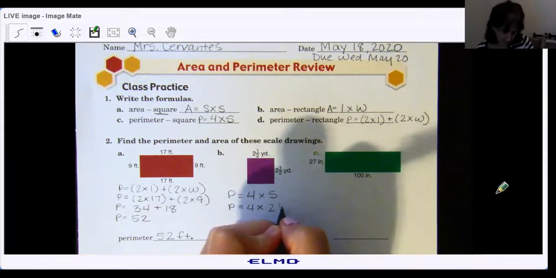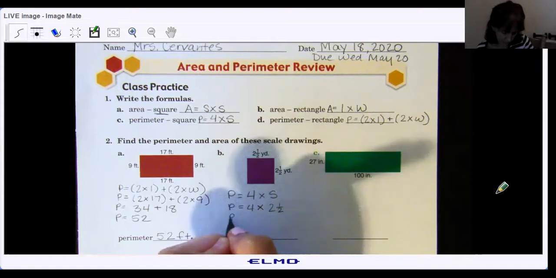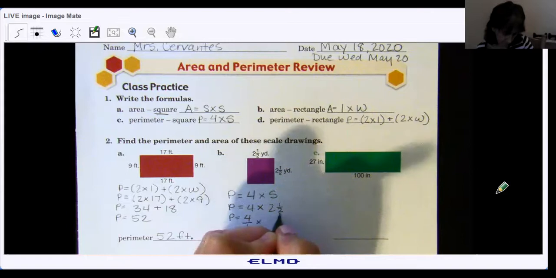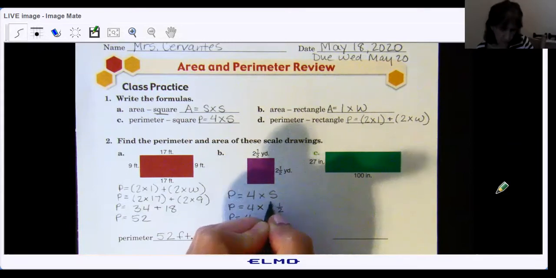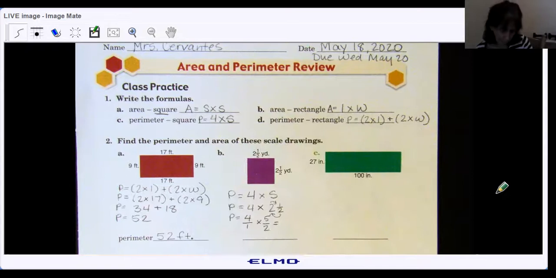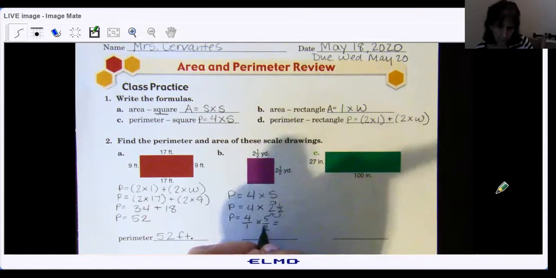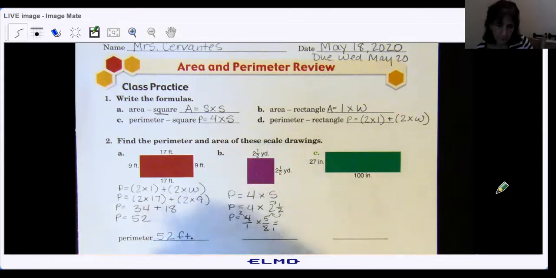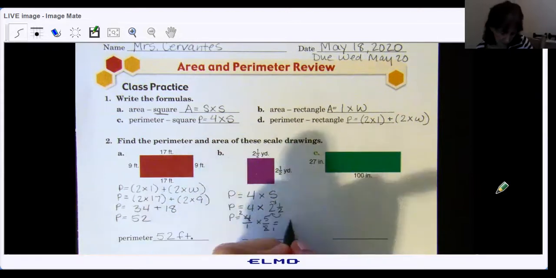Perimeter equals 4 over 1 times 5 over 2, because we have to change that to an improper fraction. All right, so we can cross cancel the 2 and the 4. 2 will go into 2 one time, and 2 will go into 4 two times. 2 times 5 is 10 over 1.